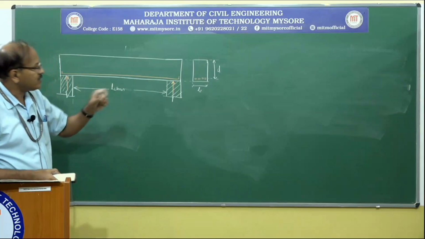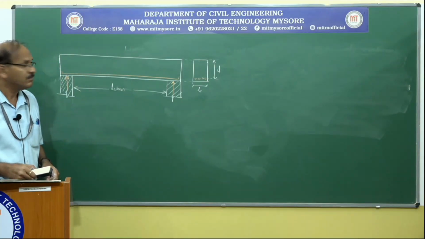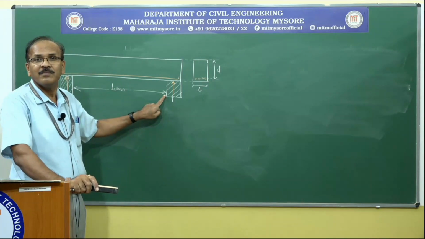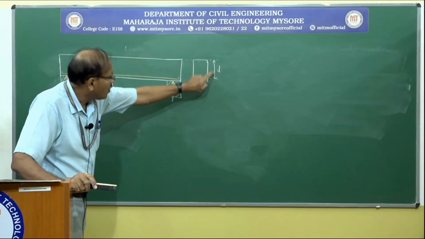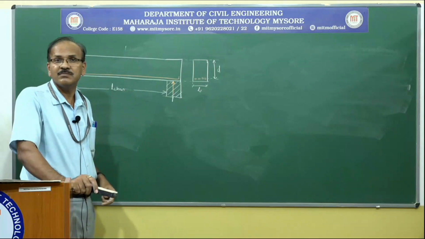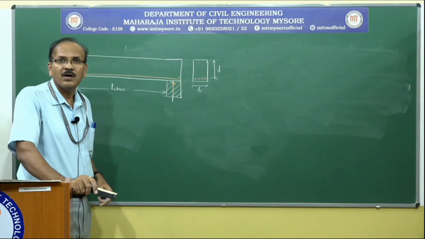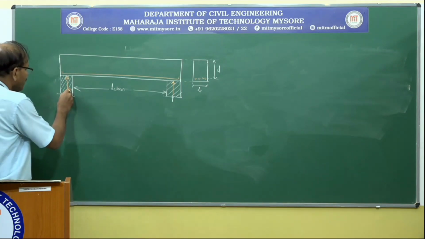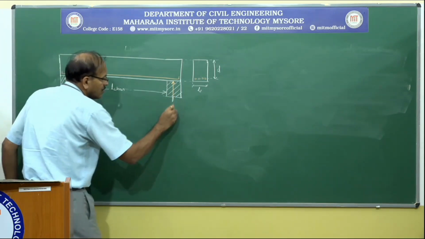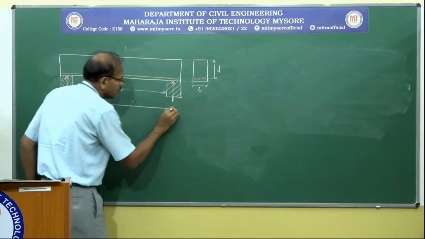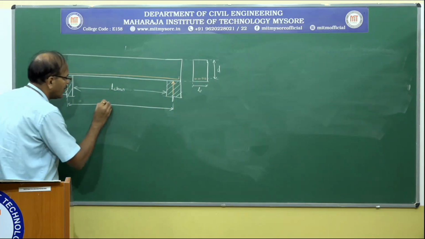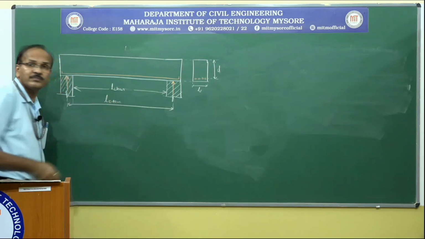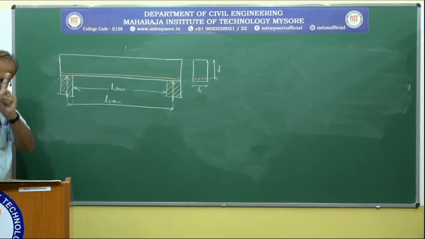So what the code says is, in a simply supported beam, L clear plus effective depth, you will get one span, and the distance between the centers of supports, L, C to C. So you will have two values.